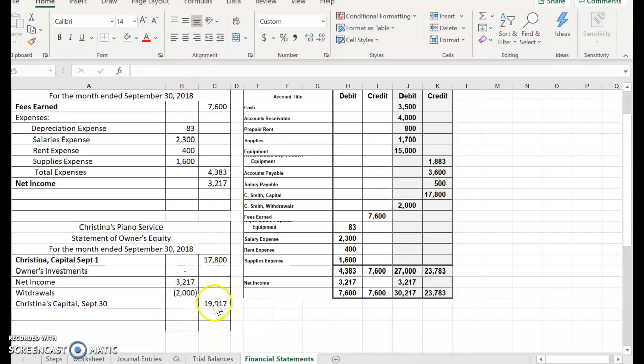And just be sure when you're putting your formula in that you put it in correctly. So it's 17,800 plus the 0 plus the 3,217 minus the 2,000, or since it's got parentheses around it, you can just net those three numbers together. And so your ending capital is 19,017.